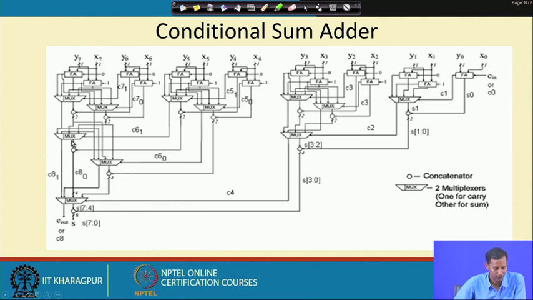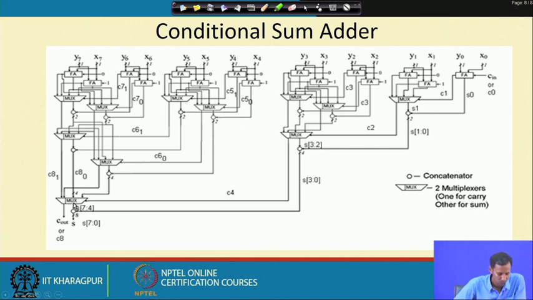Then these two multiplexers again, where another carry is generated from this fourth bit, will affect the carry output generated from these blocks.